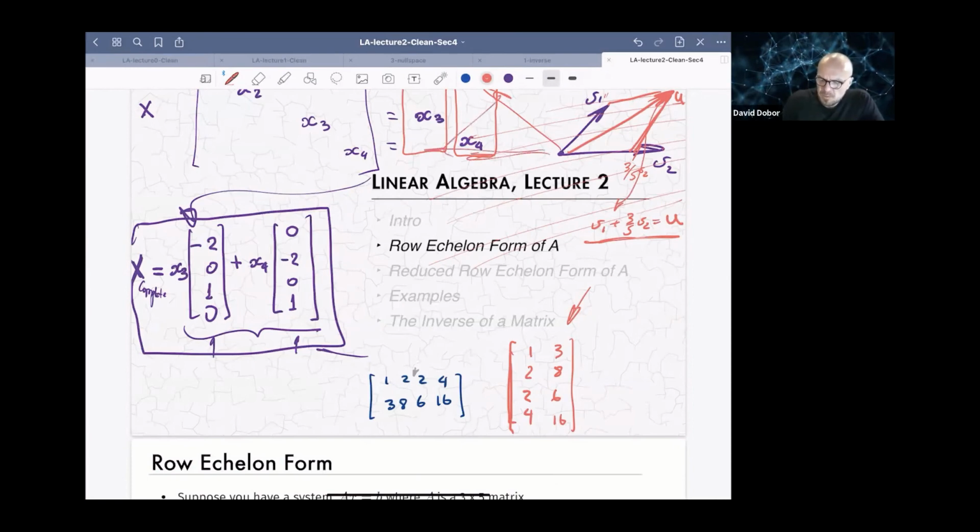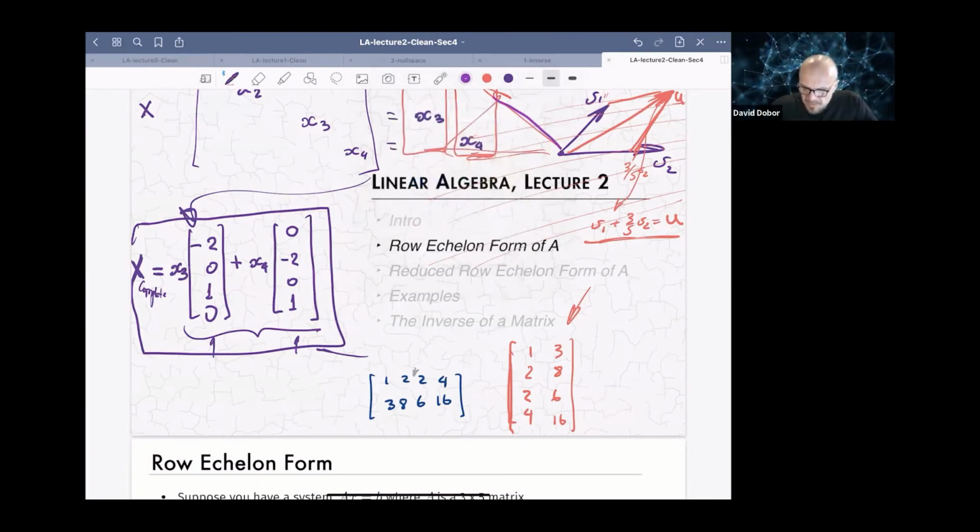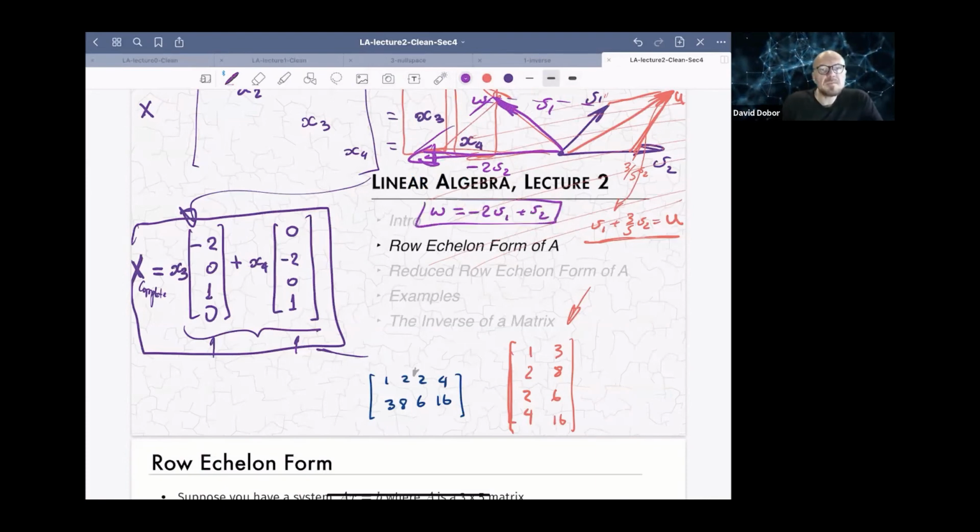So this vector, let's go with the purple, is going to be minus 2 v2 plus v1 again. I don't know why I selected this example again, but you get the idea. So this w vector may be minus 2 v1 plus v2, and so on. Anything on that plane can be expressed as some linear combination of those two vectors.